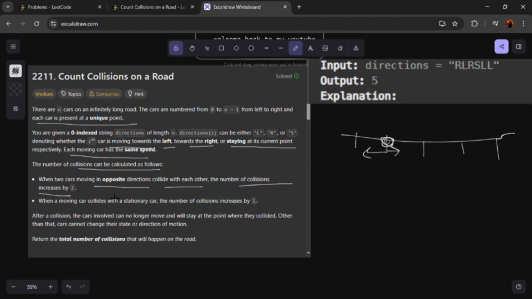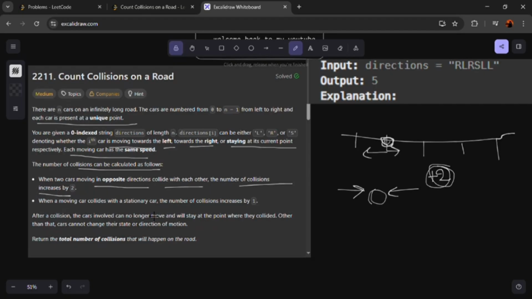So when the cars are moving in opposite directions, meaning one car comes from the right side and another comes from the left side, then there will be the possibility of collision. So we have to increase the collision count by 2.